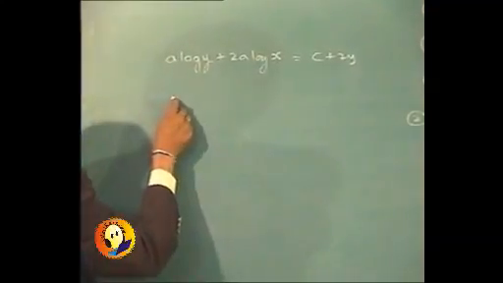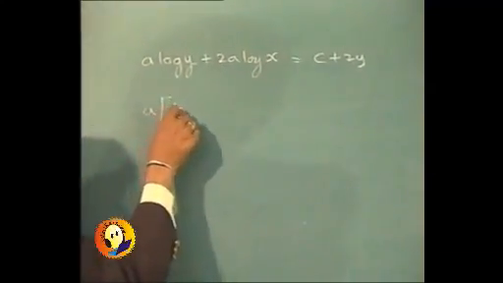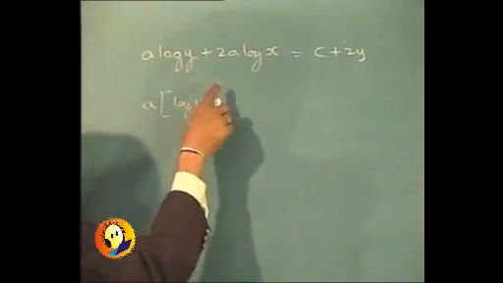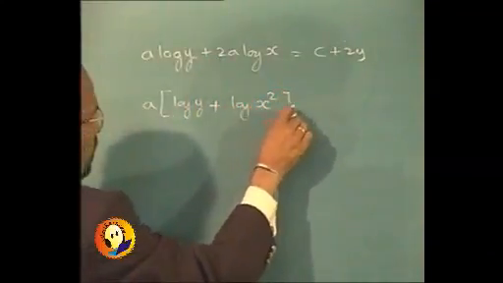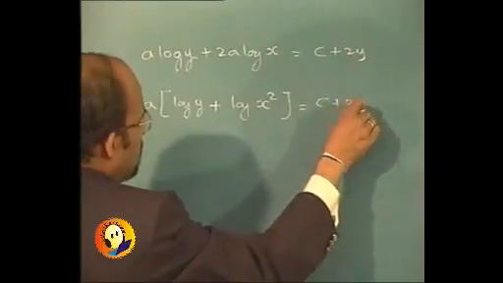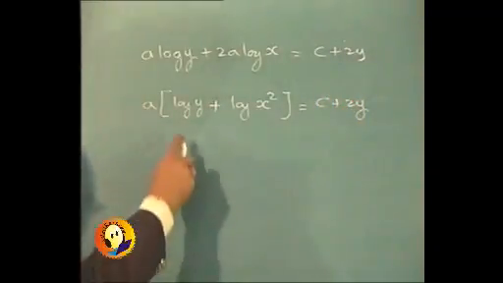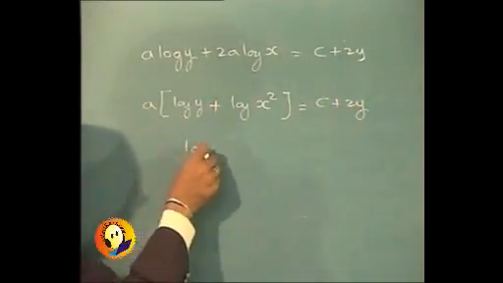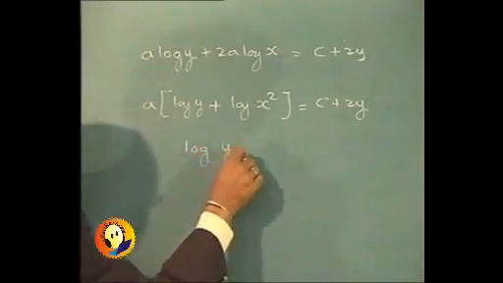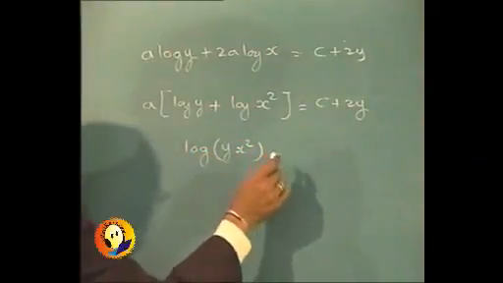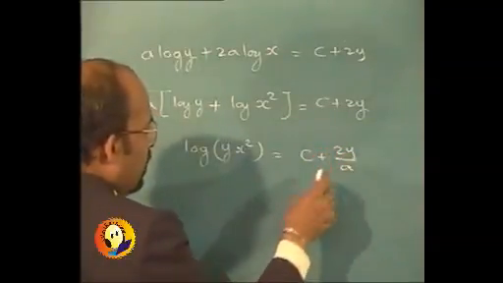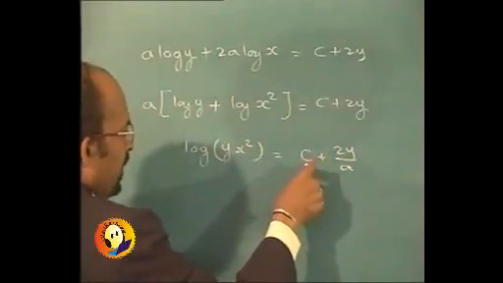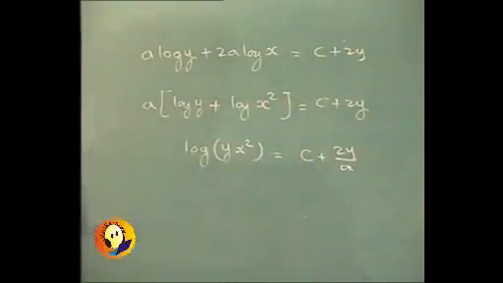If we take a common, it will be log y, and 2 log x can be written as log of x square equal to c plus 2y. Combining these two log terms, we will get log of yx square is equal to c plus 2y upon a. This was actually c upon a, but it can be always written as c.